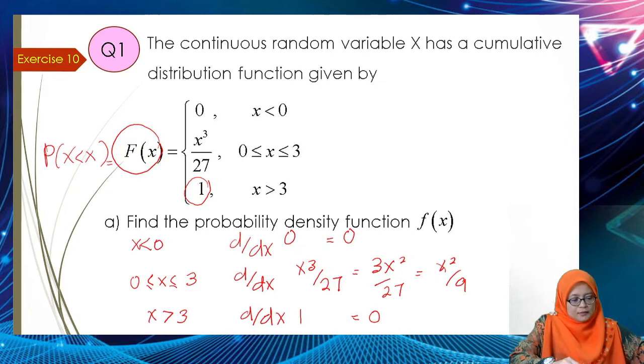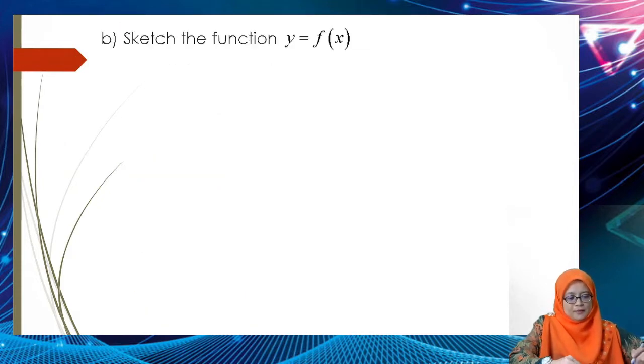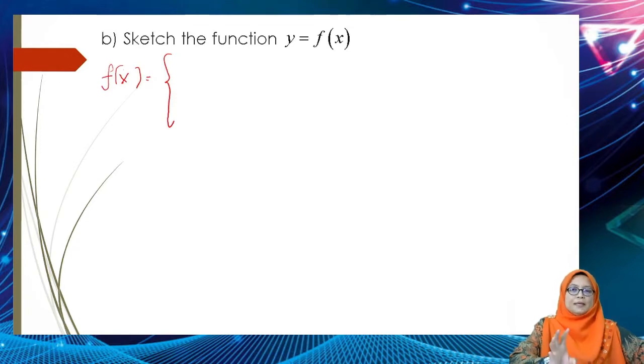Okay, so semua function yang kita dah differentiate ni kita akan tulis balik dalam dia punya function, f(x). Okay, so bila function small f, kita kena tulis yang ada function dulu atas dia.